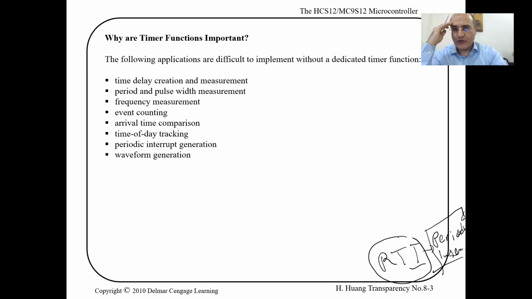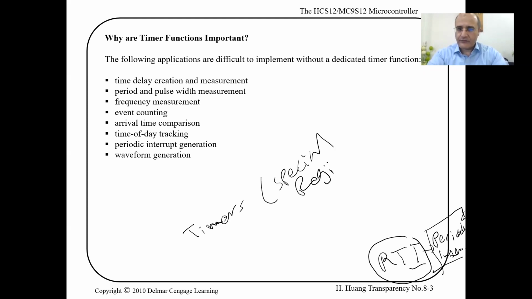We may need more of these things, especially in real-time systems. So usually in every microcontroller, there are things called timers. By timers we mean special registers that you can control through hardware.